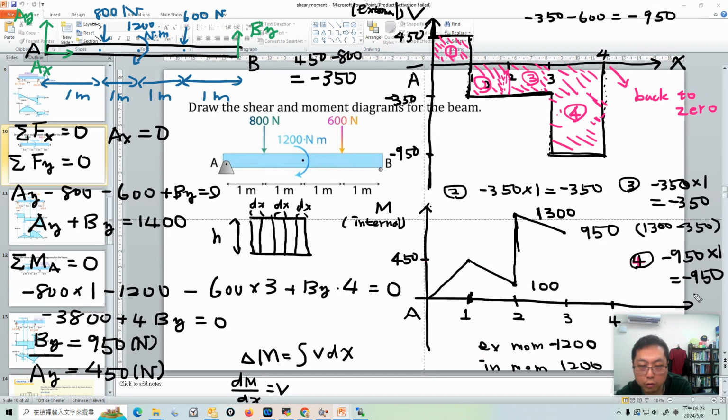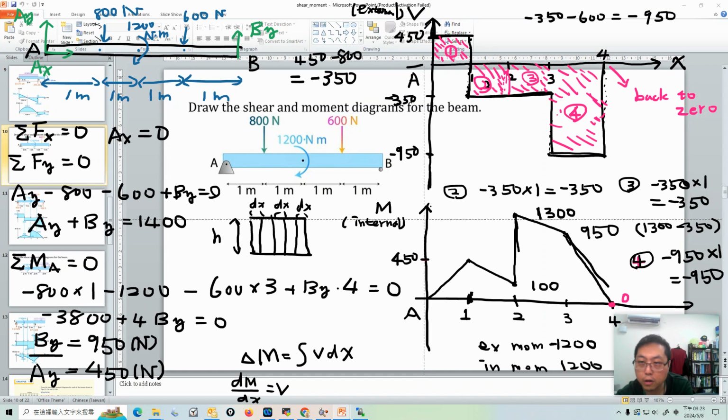The change will be 900 minus 950, so it starts the change from 950. You will see we will go back to zero again. It's a rectangular area, so it must be a steady change. The slope is constant.